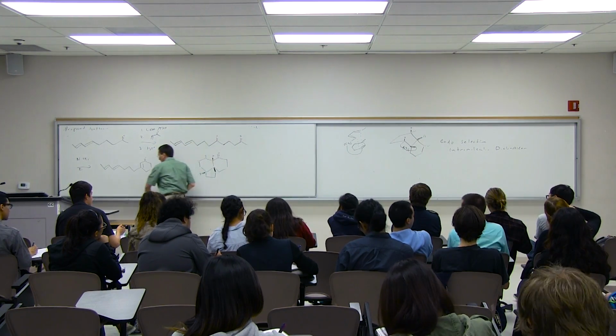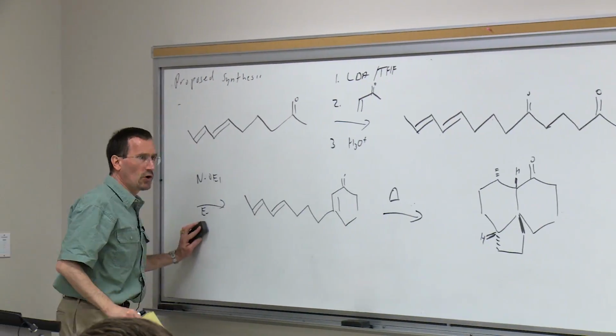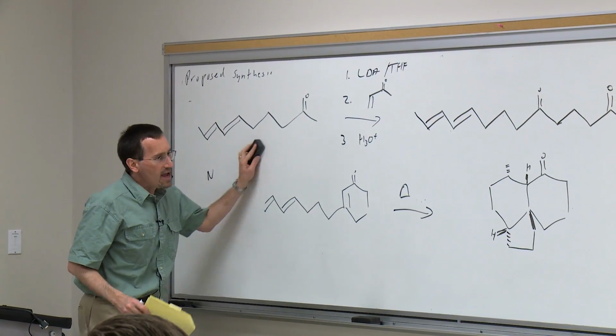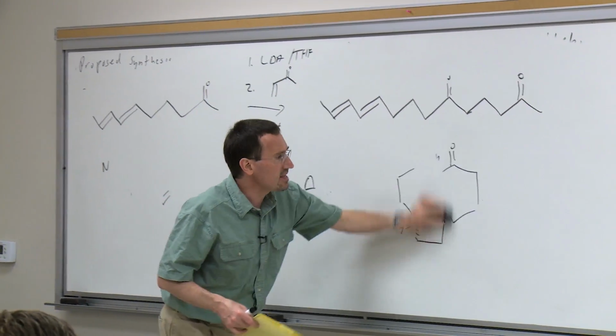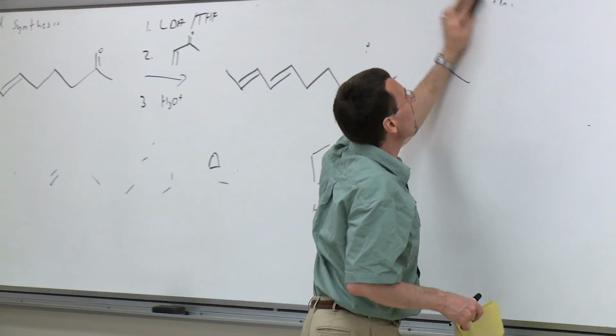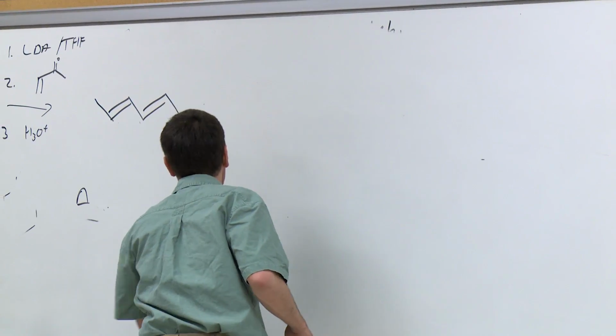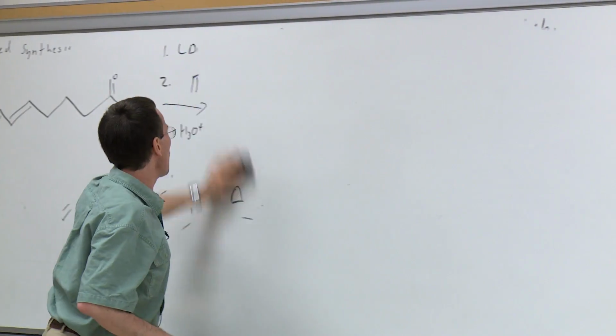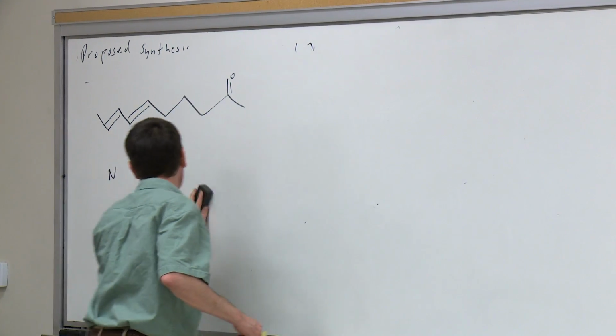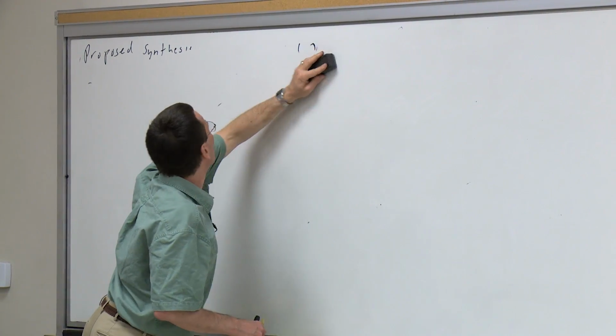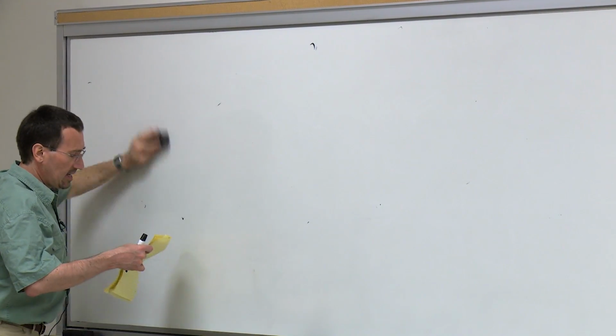So that's sort of the good. And now I want to get to maybe the bad or the ugly in my proposed synthesis. But again, I wanted to keep to reactions that we had learned in class.